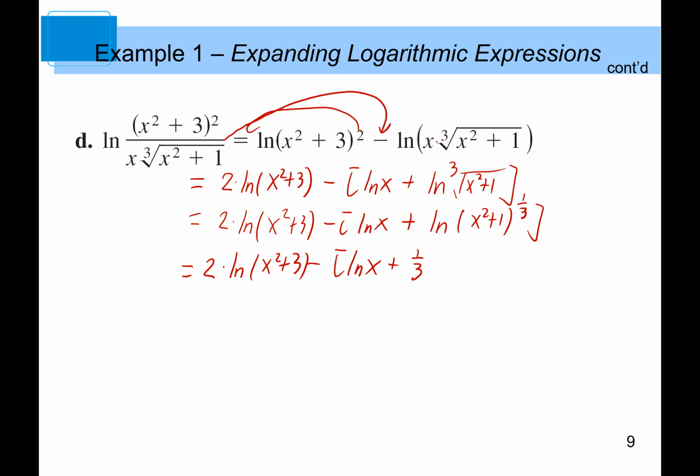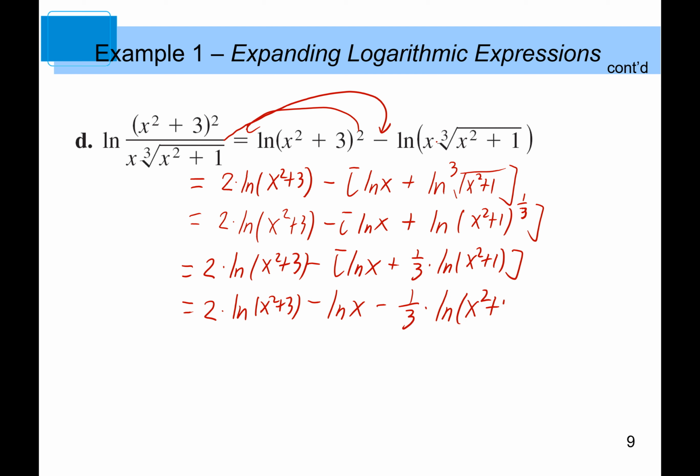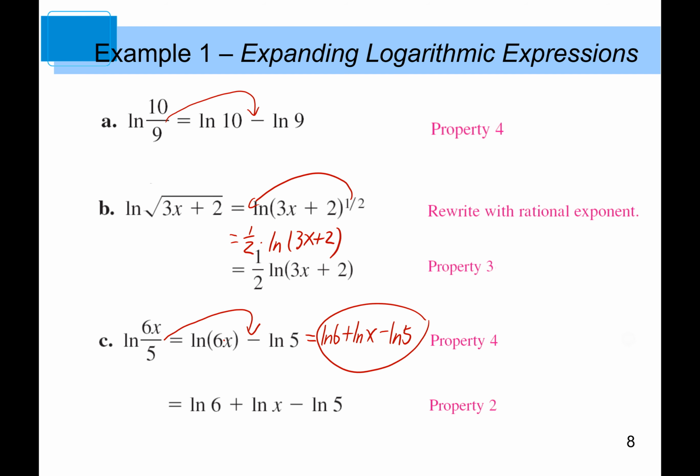So it's 1/3 times ln of x squared plus 1. Then you get rid of the square bracket. 2 times ln of x squared plus 3 minus ln of x minus 1/3 times ln of x squared plus 1. That's going to be the final answer.